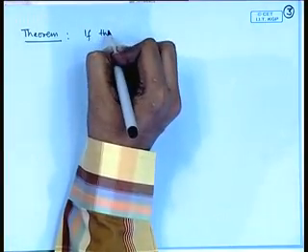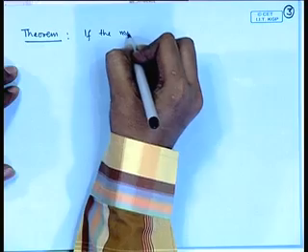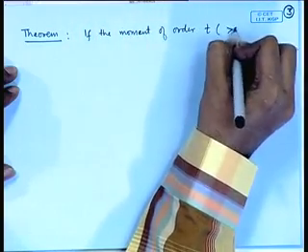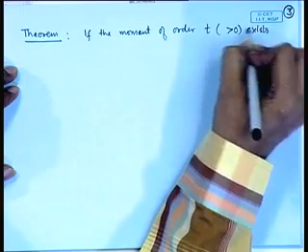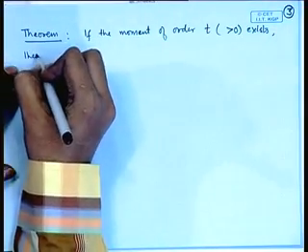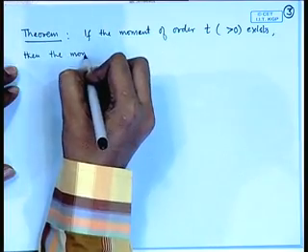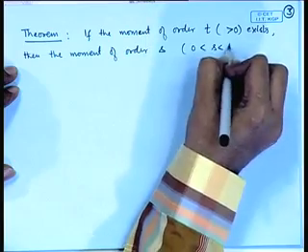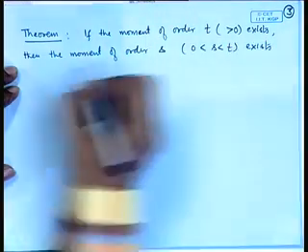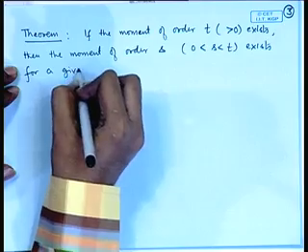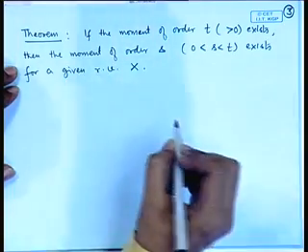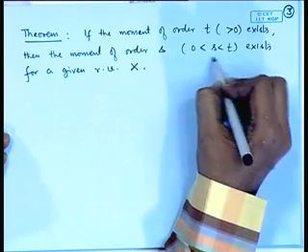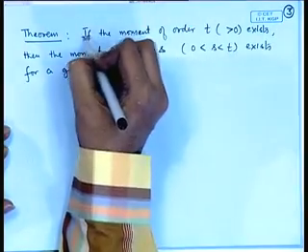If the moment of order say t, where t is greater than 0, exists, then the moment of order s, where 0 is less than s is less than t, exists for a given random variable X. So, if a positive ordered moment exists, then all lower ordered positive moments will exist for the given random variable.